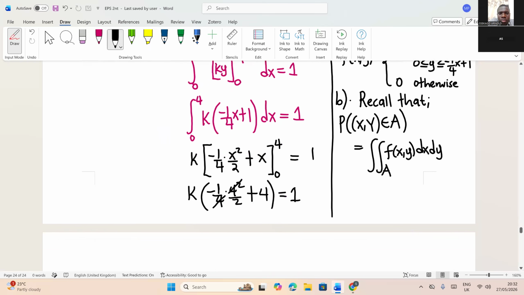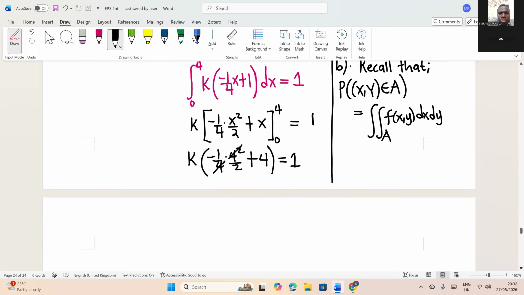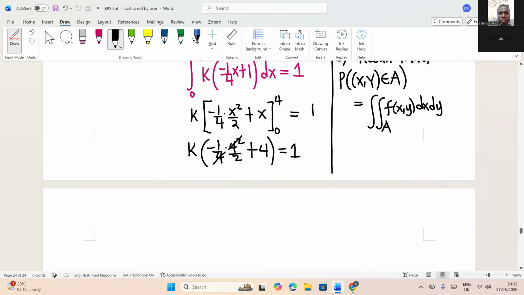substituting here, the required probability of x, y to be in S naught is the same as the integration over S naught of f x y dx dy, which is equal to the integration over S naught.